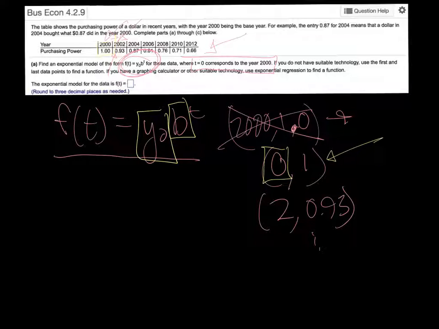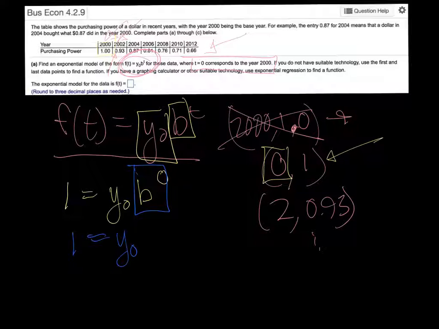So I'm just basically going to substitute those values in. And so t is equal to 0. But as we know, when any base is raised to the exponent of 0, we get a power that's equal to 1. So this equation can be simplified to be 1 equals y sub 0 times the number 1. y0 times 1 is y0. And so this should tell us that y sub 0 is equal to 1. And that's going to be for all situations.